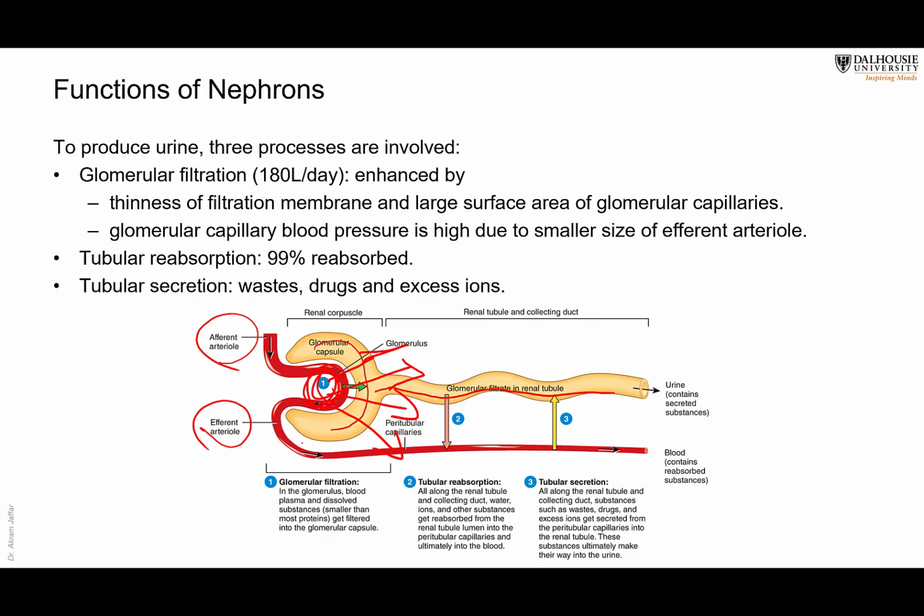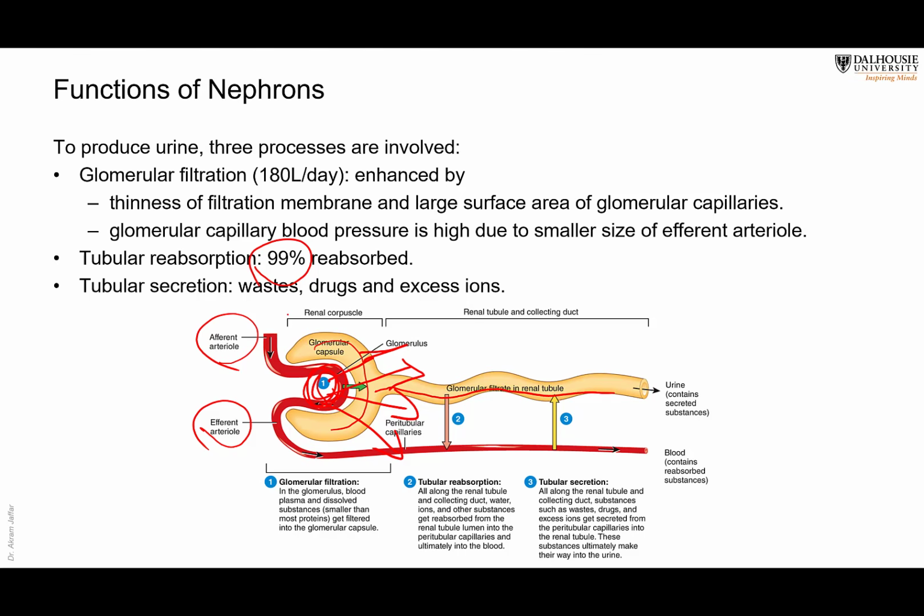Filtration, okay. So we have a glomerular filtration of 180 liters per day, enhanced by the thinness of the filtration membrane and by the difference in capillary pressure, as I mentioned. I'm not going to go into that again. Then 99% of this should be reabsorbed. And just to give you an indication, 75% of this 99% is going to take place in the proximal convoluted tubule.